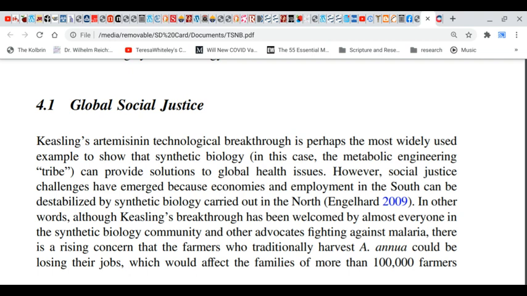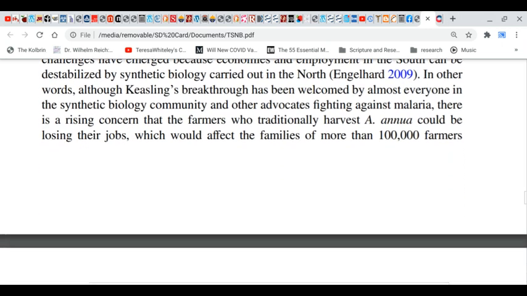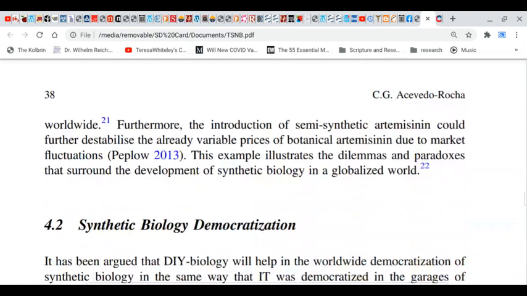In other words, although Keasling's breakthrough has been welcomed by almost everyone in the synthetic biology community and other advocates fighting against malaria, there's a rising concern that the farmers who traditionally harvest the plant could be losing their jobs, which would affect the families of more than 100,000 farmers worldwide. Furthermore, the introduction of semi-synthetic artemisinin could further destabilize the already variable prices of botanical artemisinin due to market fluctuations. This example illustrates the dilemmas and paradoxes that surround the development of synthetic biology in a globalized world.